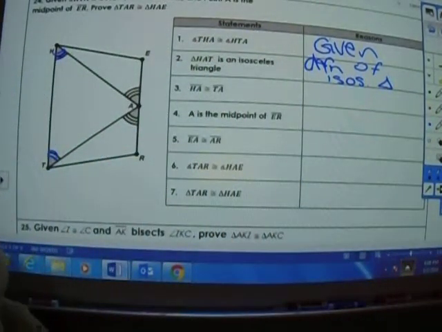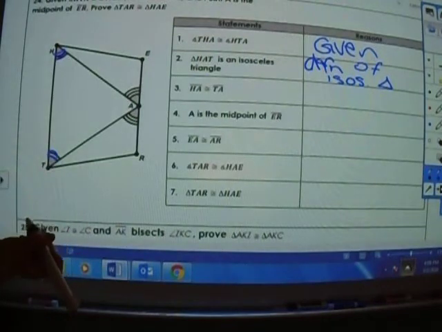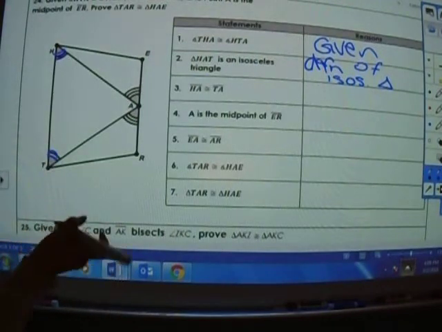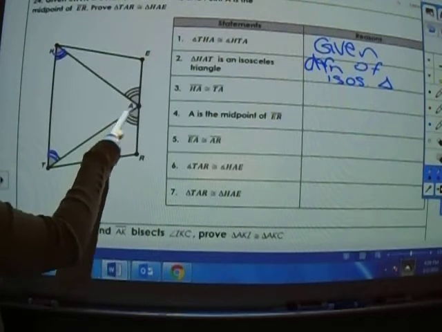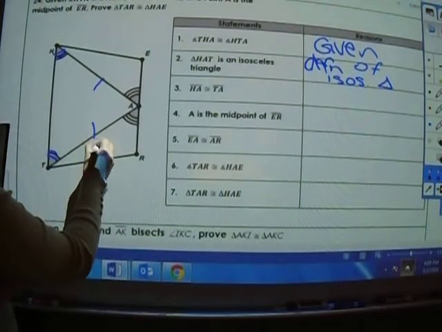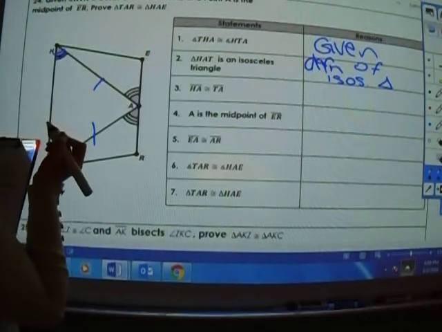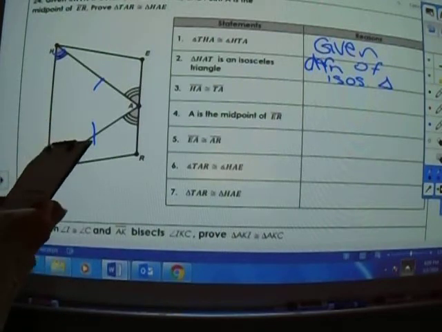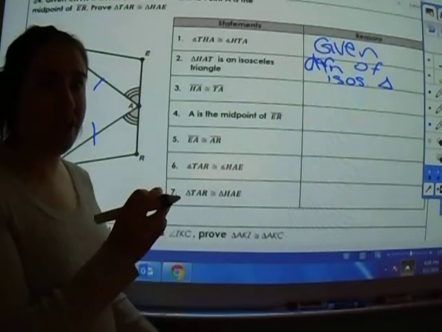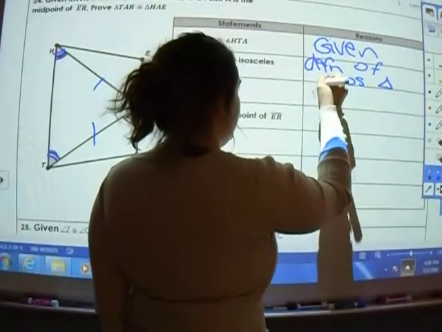Okay? Now HA is congruent to TA. All right? And that is the converse of the isosceles triangle theorem.